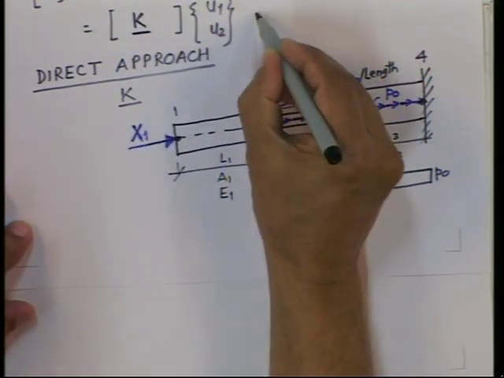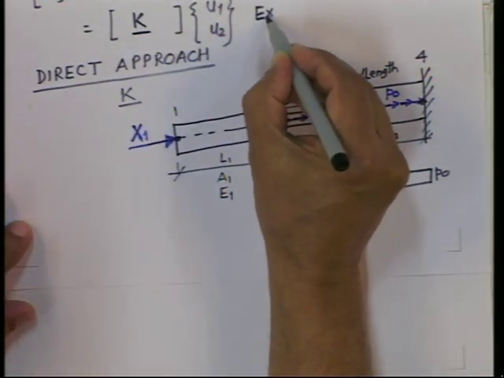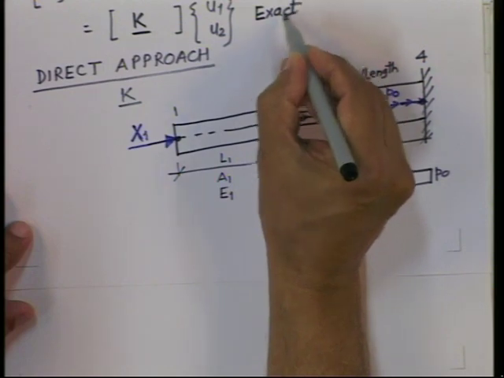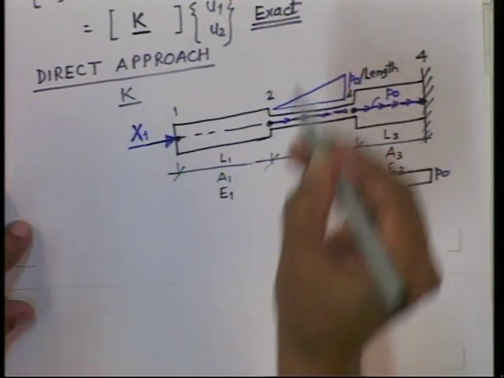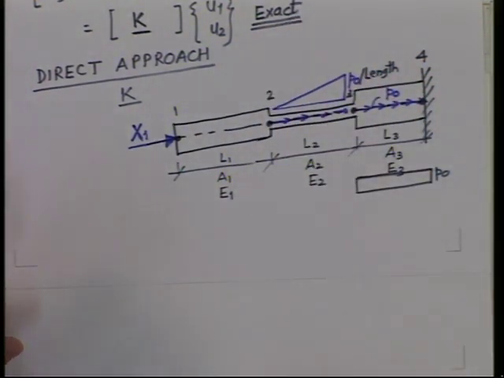This is an exact relationship between the nodal force and nodal displacement, which you will not get normally. In real problems, there is always some approximation. Here it is exact.